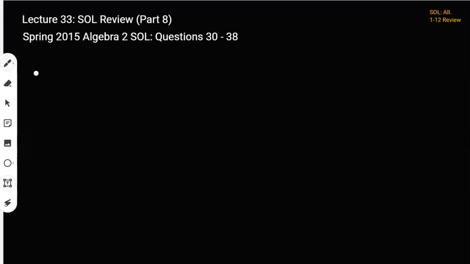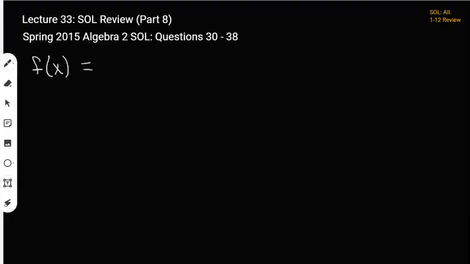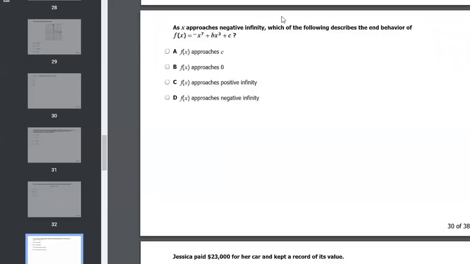So my function is f of x is equal to negative x to the 7th power plus bx cubed plus c.